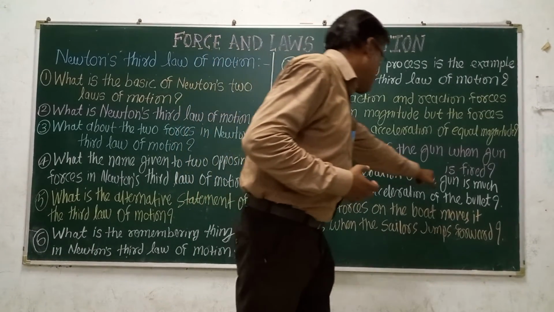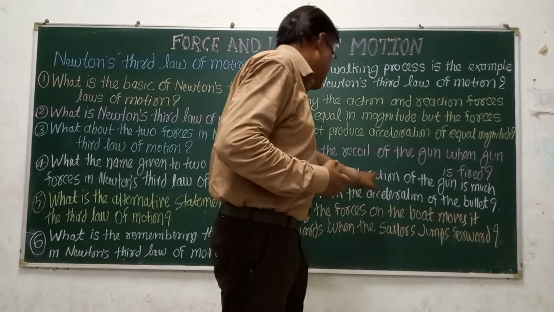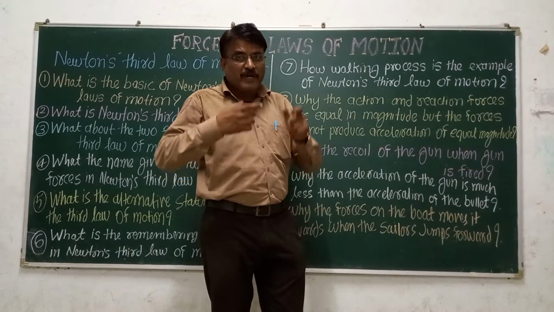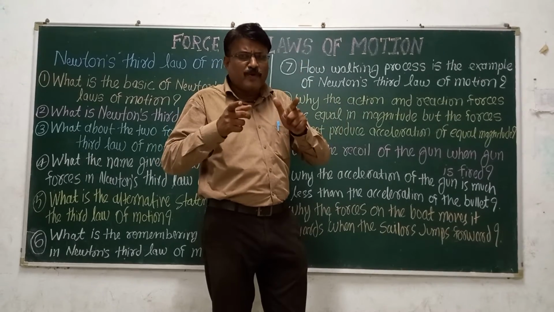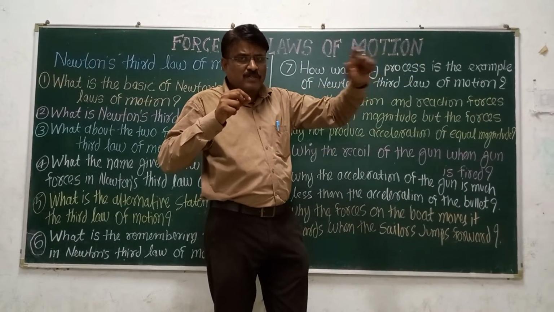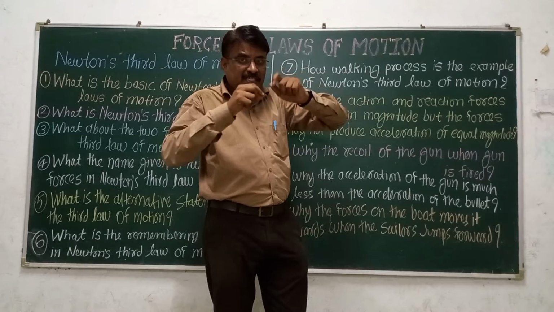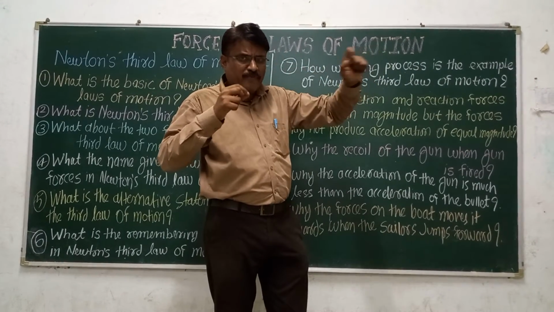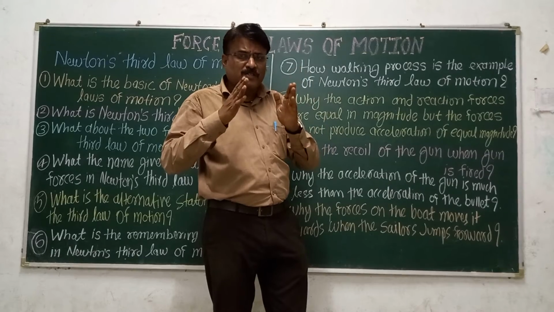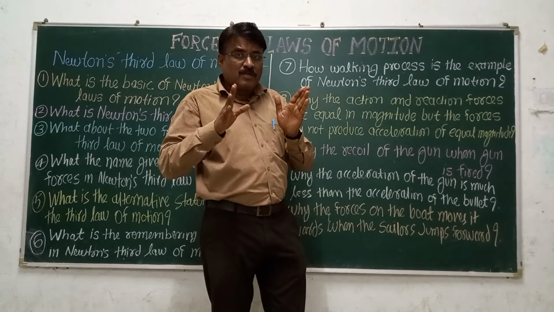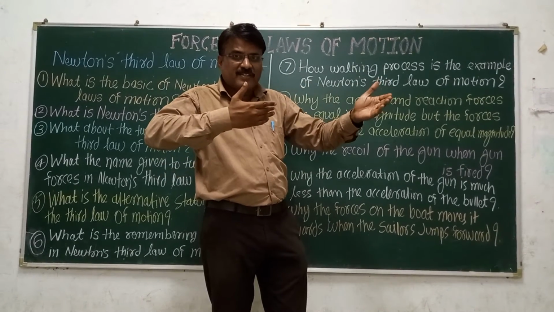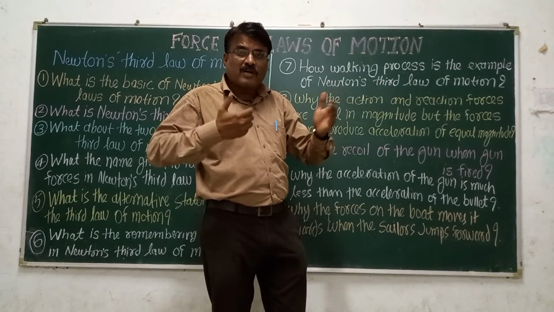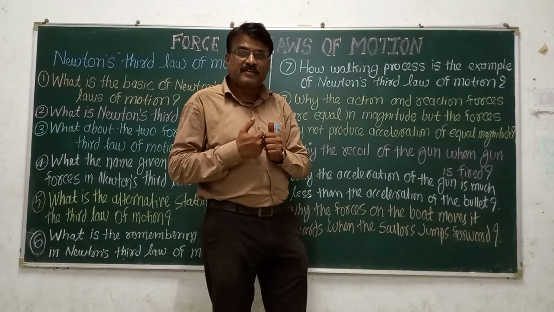Why is the acceleration of the gun much less than the acceleration of the bullet? When the bullet is fired, its speed is very large. We can't even see it. But the opposite speed of the gun is not like that, not high.